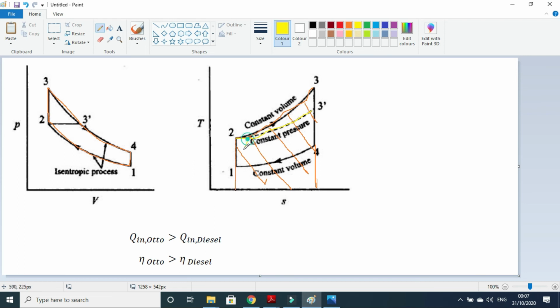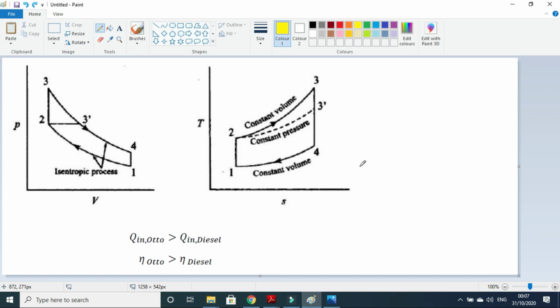So its area will be like this, and it has less area. So the Q in of the Otto cycle is larger than the Q in of the diesel cycle, so it will have higher efficiency. The efficiency of the Otto cycle will be greater than the efficiency of the diesel cycle at the same compression ratio.